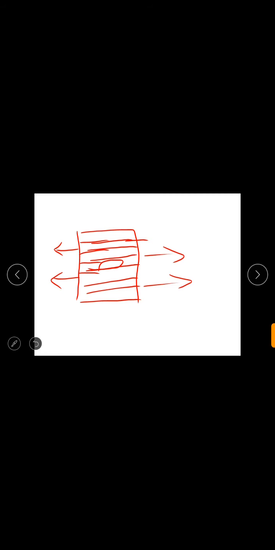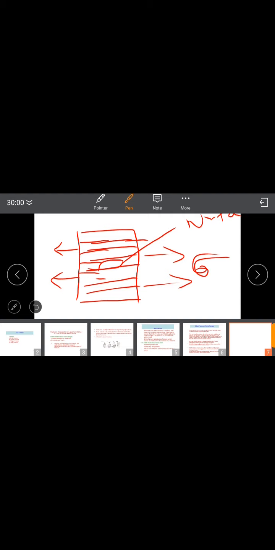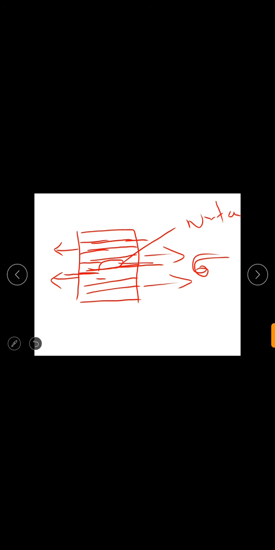When I apply stress sigma, what happens? This crack will start to grow. This tip we call the notch, the crack tip. The crack will start to grow and go throughout the material, so that atomic cleavage will occur.